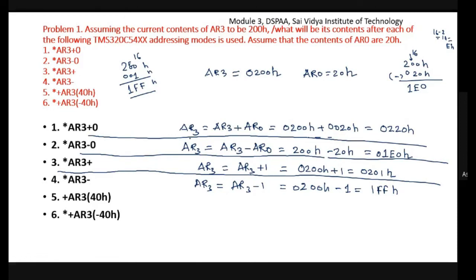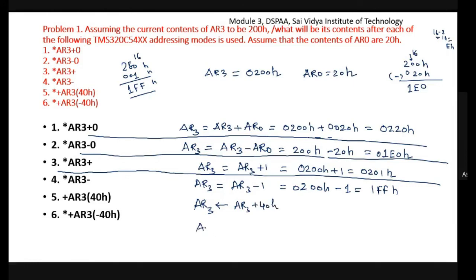Next is the case of plus AR3 of 40H. The 40H hexadecimal value is given directly in the instruction. The content of AR3 we have to note down. AR3 is equal to the content of AR3 plus 40 hexadecimal.